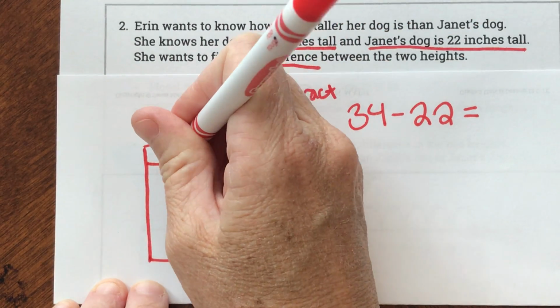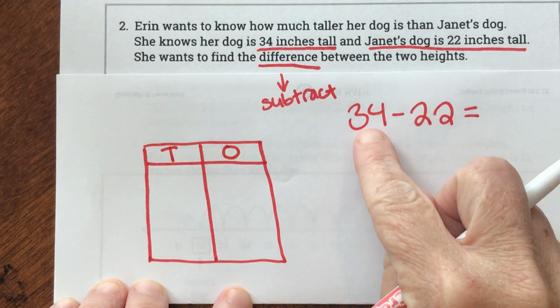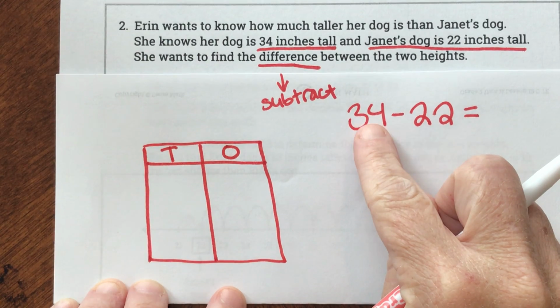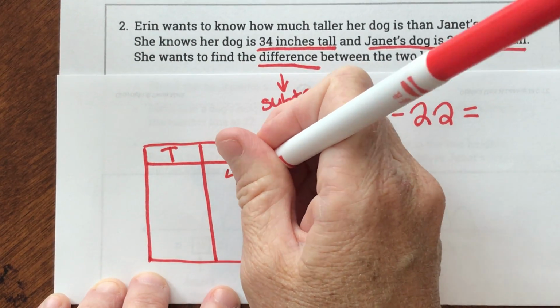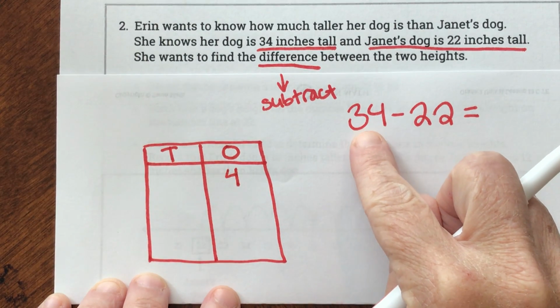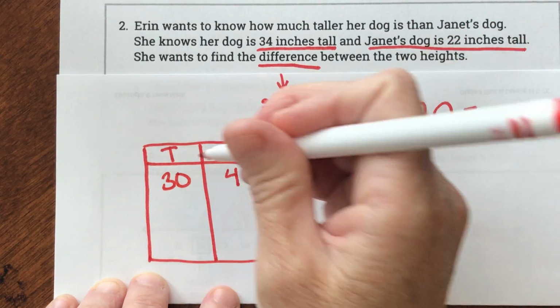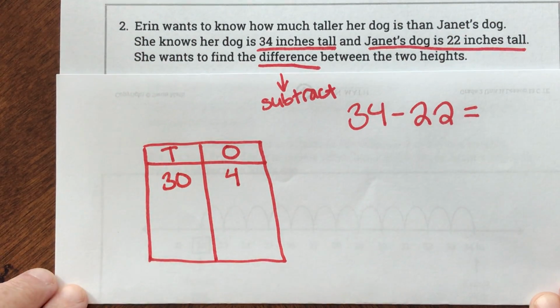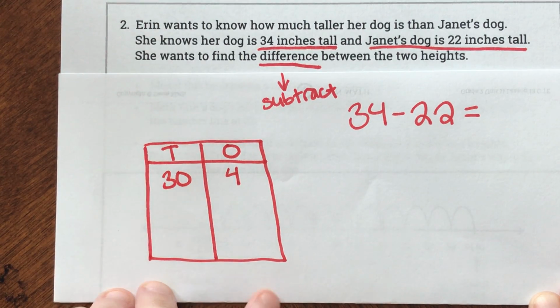So I have the tens place value and the ones place value. So what do I have? I have 4 ones and I have 3 tens, which is worth 30. Maybe this is starting to come back to you from when you did this before with your teacher. So that's what I have.